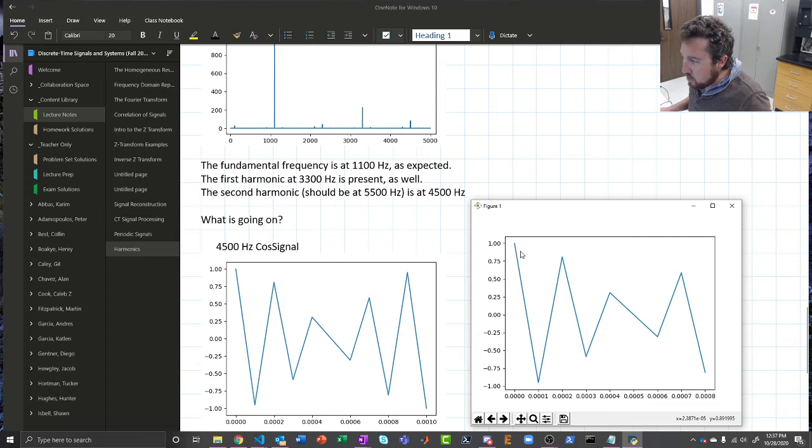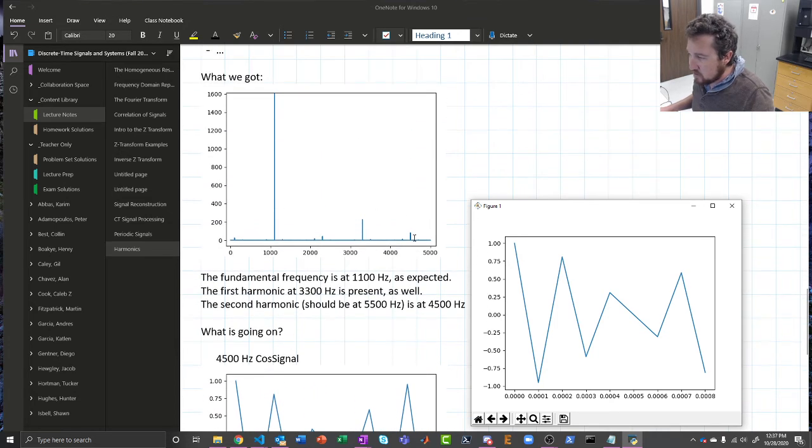So 5,500 hertz should have been our next harmonic, but it looks the same at a 10,000 hertz sample rate, or frame rate, as a 4,500 hertz cosine signal. The system cannot tell the difference between the two. And so the signal does what's called folding back on itself, or the spectrum folds back on itself.